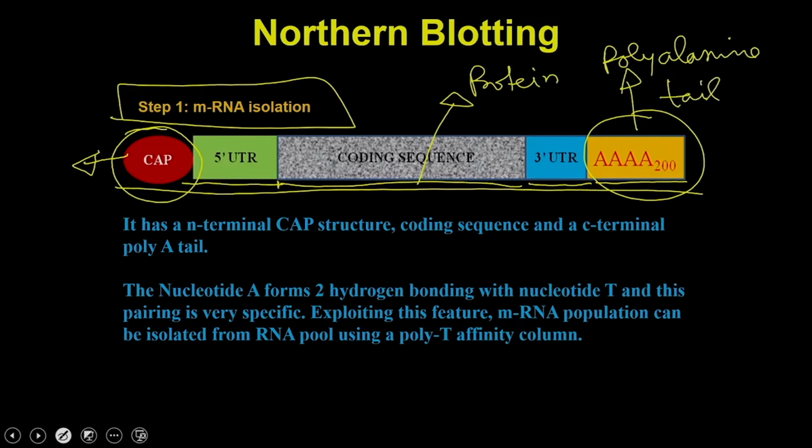This is the poly A tail, where you can have poly A of multiple lengths, like 50 A's, or you can have hundreds or 200, and depending on the length of this poly A tail, it describes the stability of that particular messenger RNA.